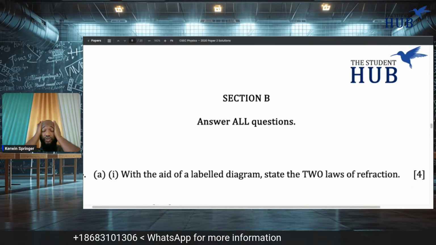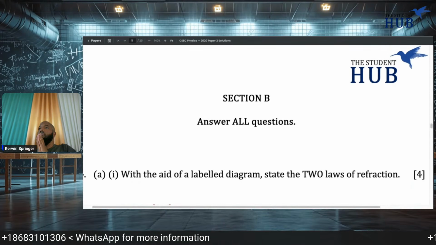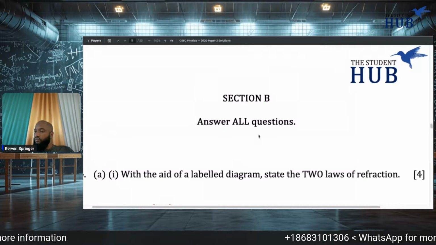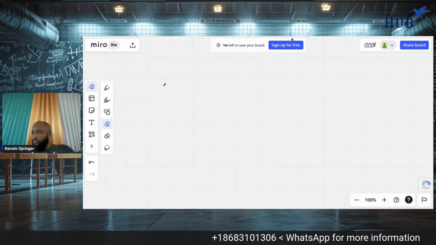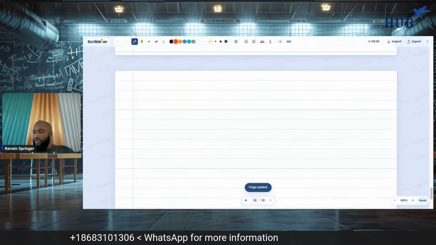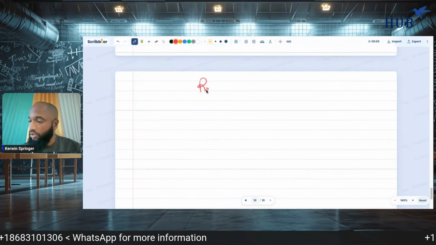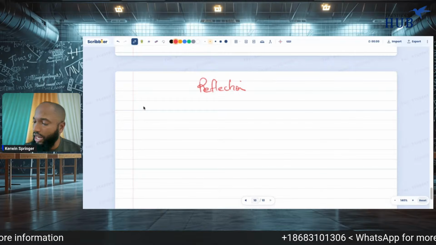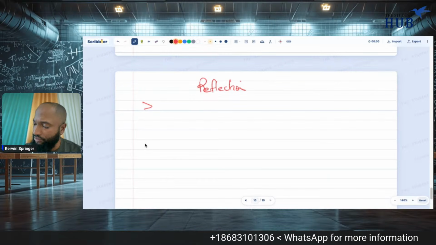What are your laws of refraction? Right, both laws of reflection and refraction have the same setup. So with that, what are your laws of reflection?